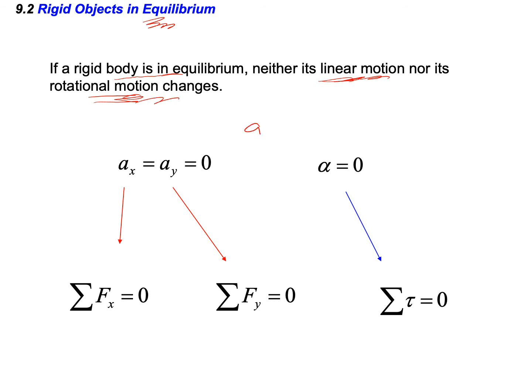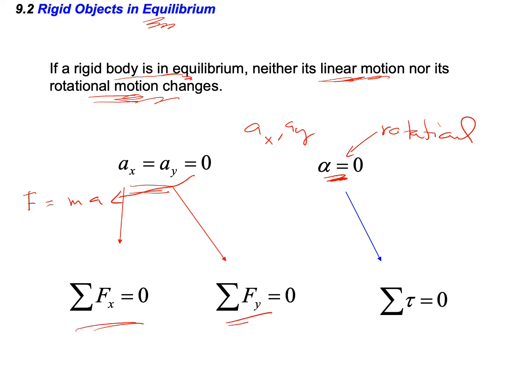The acceleration along the x direction, along the y direction, or the rotational acceleration are zero. Because of Newton's second law, force equals m times a, if the acceleration is zero, the force is zero.